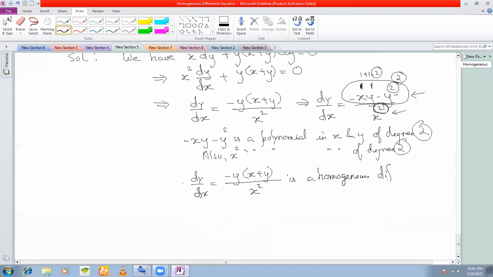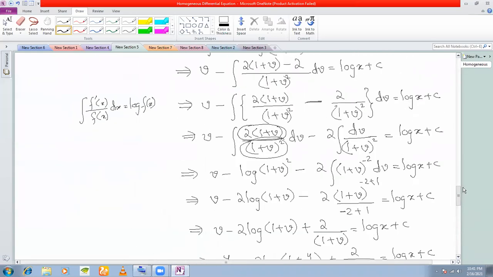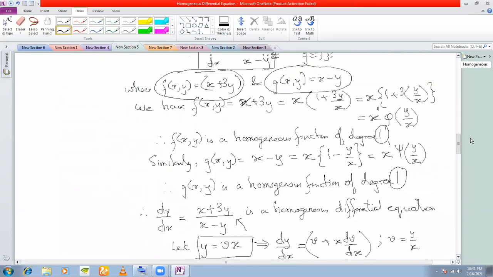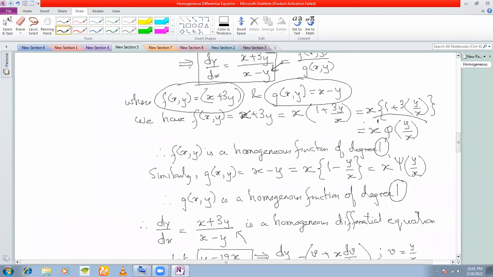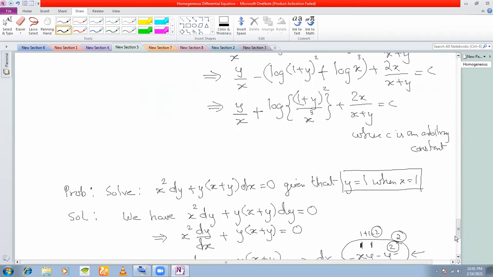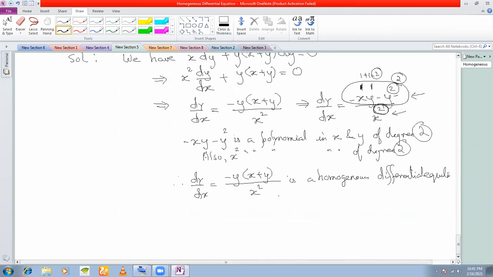How to check in a shortcut? If you have doubts, you can check the way I have done before: x into phi(y/x) and x into psi(y/x). But this is a small shortcut that I give you to check whether a given differential equation is homogeneous. Clear?